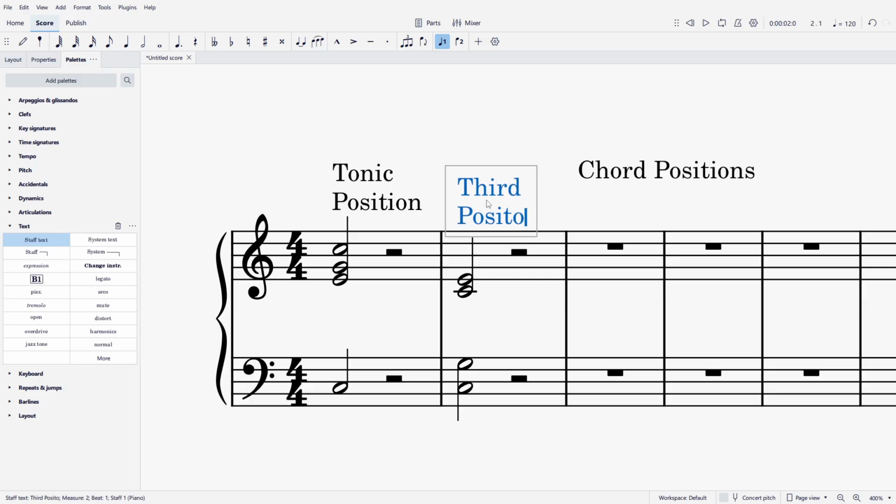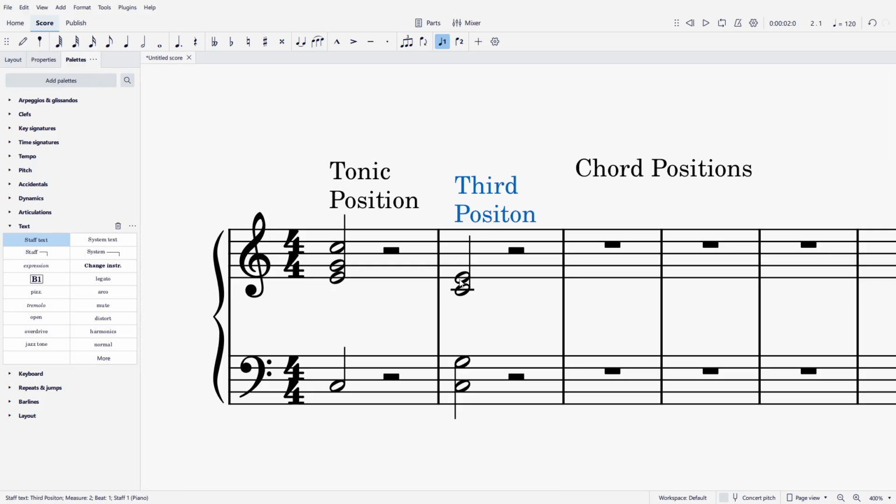Because the third note, it's the second note, but it's a third away. When we say third, perfect fifth, and stuff like that, we usually measure from the tonic, in a chord sense at least. So because between the tonic and an E, between C and the E, there's a third distance, we call it a third position.